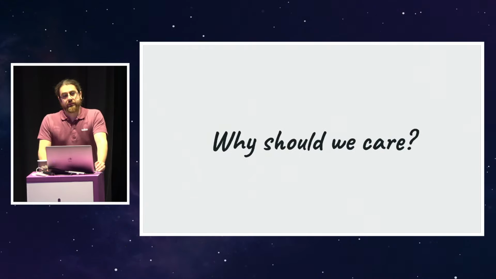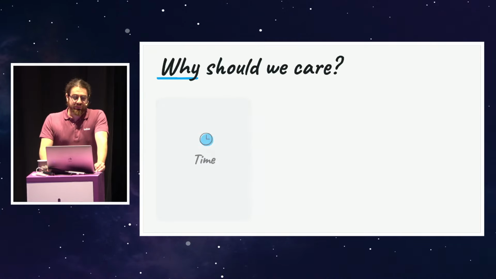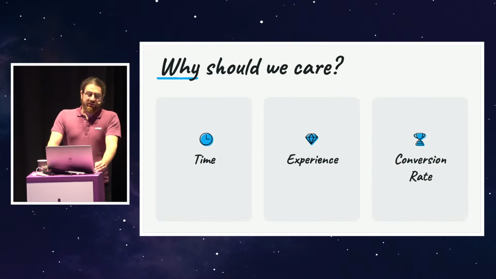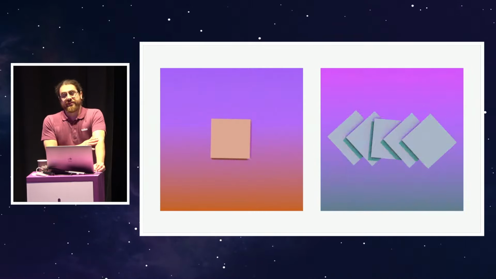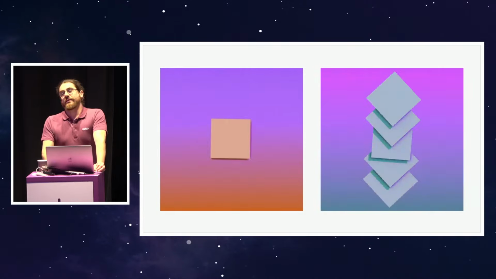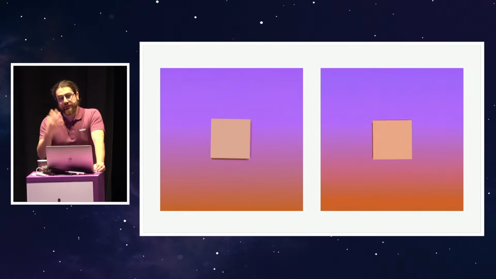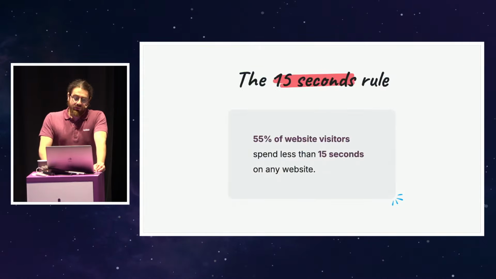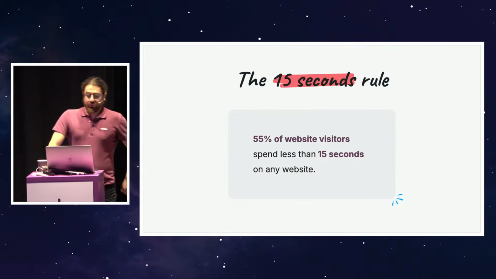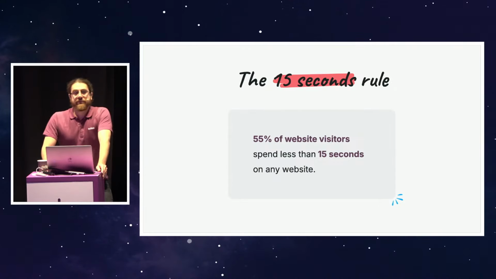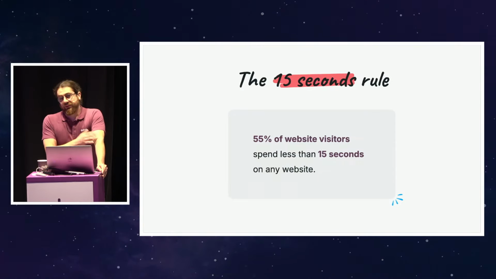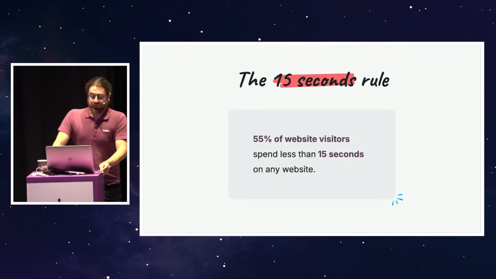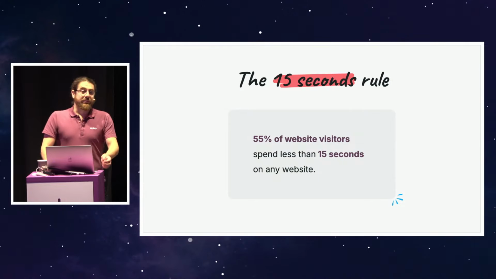Why should we care about motion and animation? We should care because of the relation between time, experience, and conversion rate. You remember the example of the box and the moving box? The conclusion is that everything that moves, we tend to identify first. So I want you to think about something that we call the 15-second rule. The 15-second rule means that more than half of all visitors spend less than 15 seconds visiting the website.